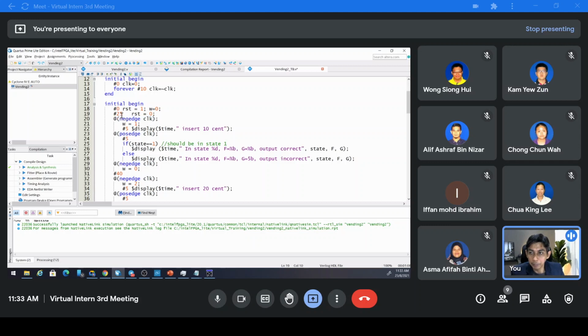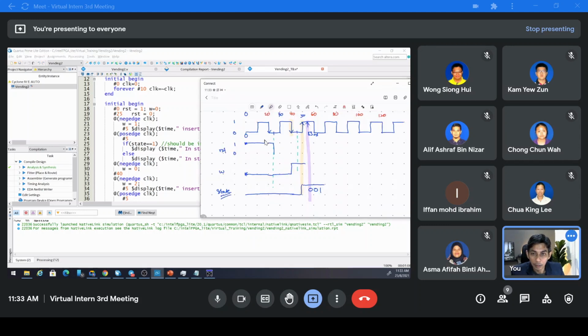For example, at 25 nanoseconds, we look at the next negative edge of the clock. This is how to write it in Verilog. At 25, the next negative edge means we are here now. Where is the next negative edge? Here, right? Not this one, because this is the second one. The first negative edge after 25 ns is this one, not this one, because this is 20.